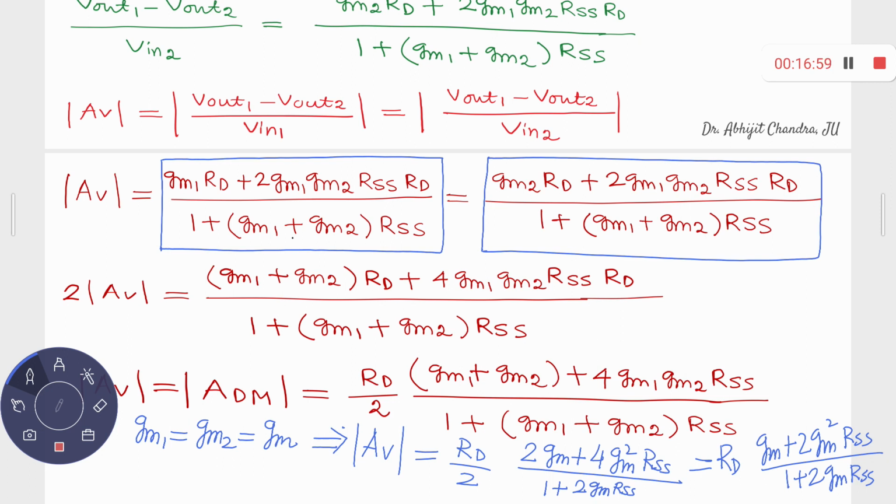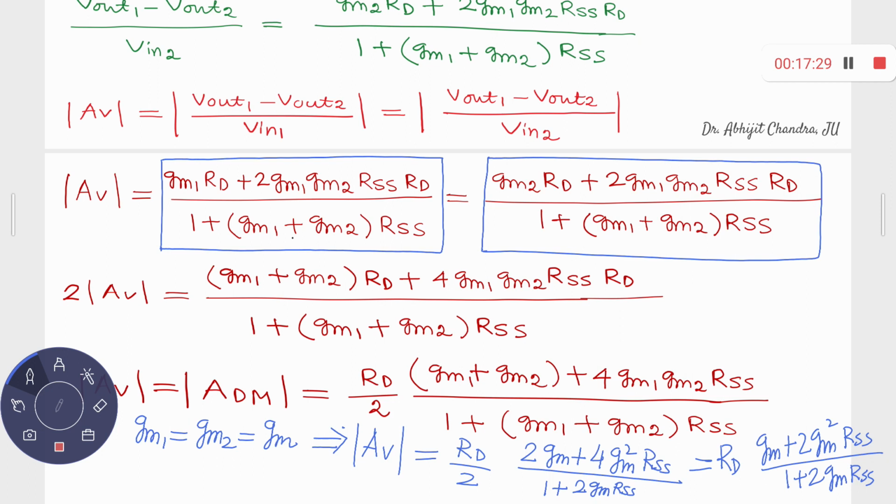The second change in the form of RSS not equal to infinite. You are familiar with GM1 equal to GM2 equal to GM and RSS equal to infinite. The mod of gain was GM RT. Now, GM square RSS by 1 plus 2 GM RSS. If you make RSS equal to infinite, this is nothing but 2 GM square by 2 GM, that is simply GM. GM times RT, mod of this. So you have got the same with this assumption that GM1 is equal to GM2 is equal to GM and RSS is equal to infinite.